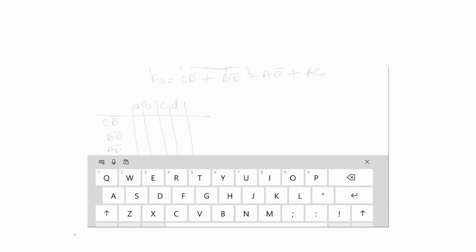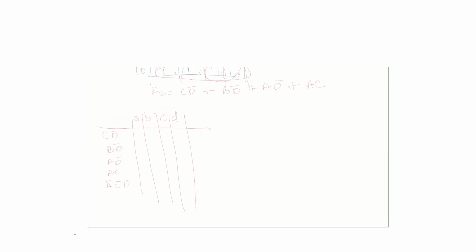Whatever is CD bar, so C will be 1, D bar means 0, and A and B you have to put a dash there. Similarly, BD bar would be dash 1 dash 0, AD bar would be 1 dash dash 0, and AC would be 1 dash 1 dash, and A bar C bar D would be 0 dash 0 1.